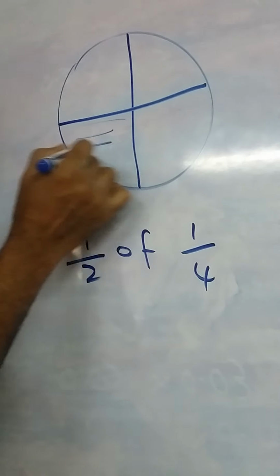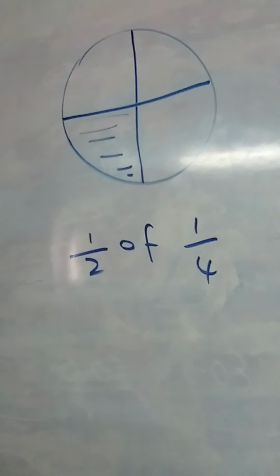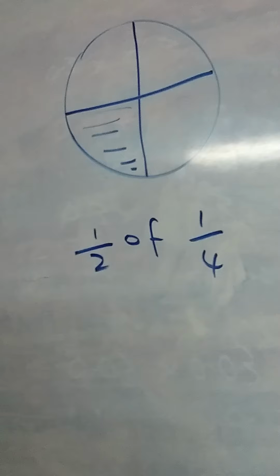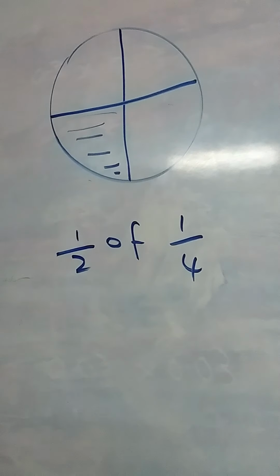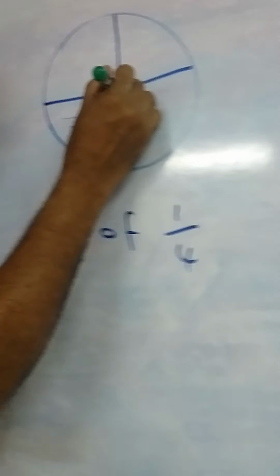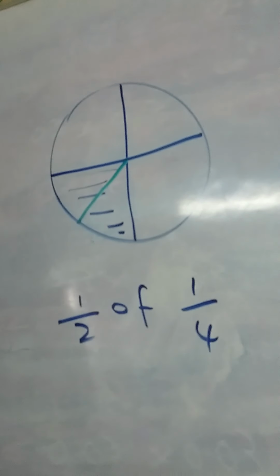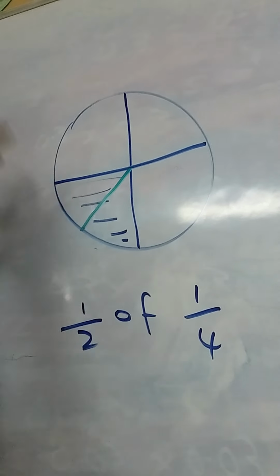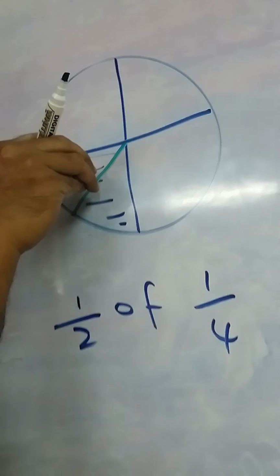This area here is a quarter right there, and I want half of that quarter. But you know when you are finding a half of something, you cut it into 2 equal pieces. So I'm going to get a half of a quarter by cutting it into 2 pieces. Yeah? So I'm not talking about half of the whole, I'm talking about half of the quarter.